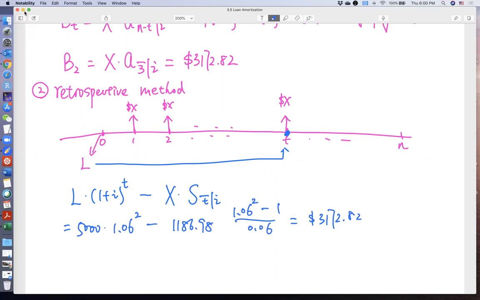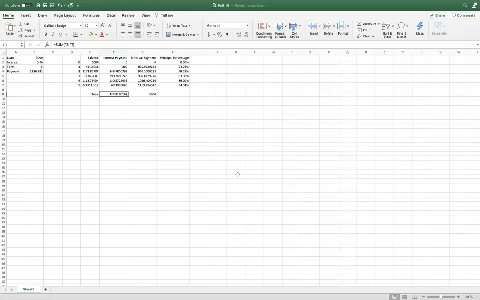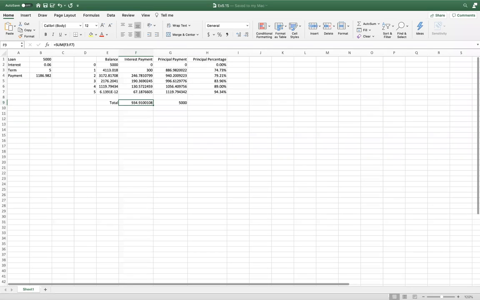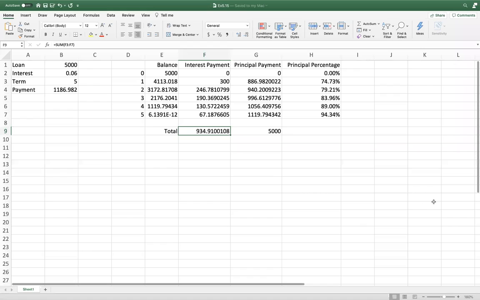Actually, I made a little Excel, so let me zoom in. Whenever you try to get a mortgage, that's much later on.